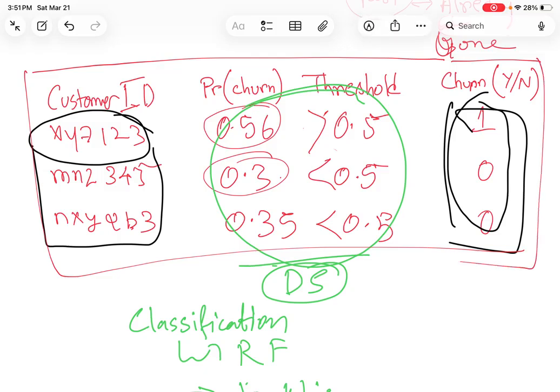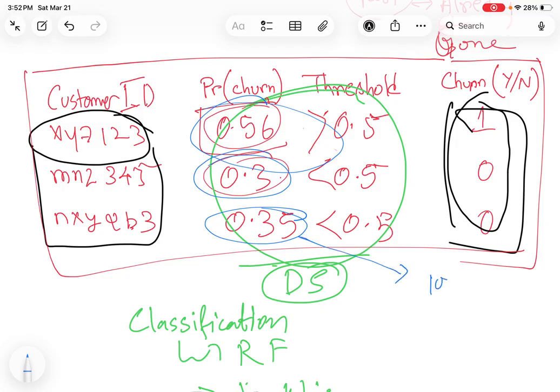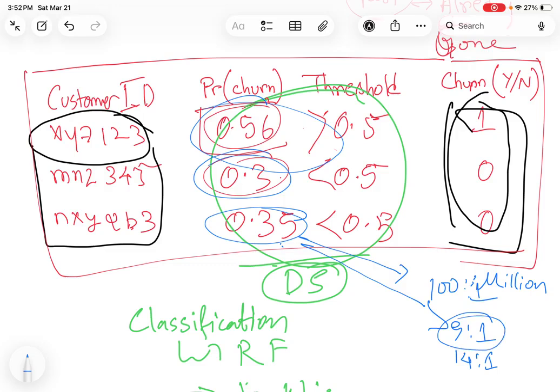But now the question comes: the probability you are getting here is actually not the right probability of the right sampling, because you remember it actually had 100 versus 1 million customers, right? But we downsampled to 9:1, or 14:1. So this probability comes from this sampling, not the original one.